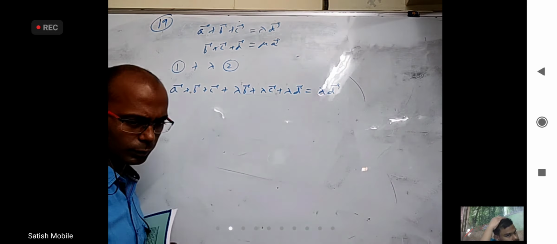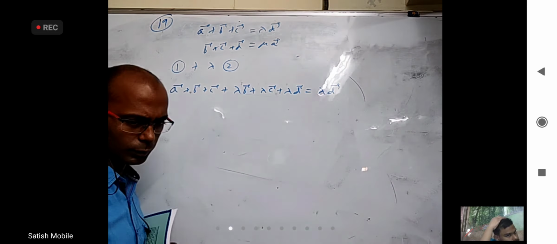Now, if I bring everything to one side, the coefficient of a bar is 1 minus lambda mu, of b bar is 1 plus lambda, and of c bar is 1 plus lambda, equal to 0 bar. a bar, b bar, c bar are mentioned in the question as non-coplanar, but still I am able to write one real number into a bar, one into b bar, one into c bar equal to 0.